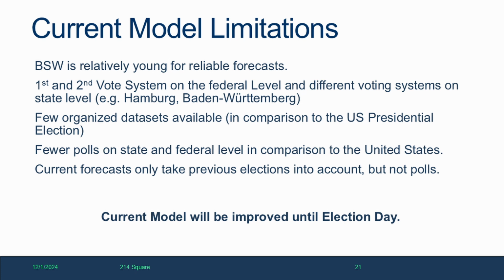Anyway, the first and second vote systems in Germany are a bit tricky in comparison to what we know from the United States, and it gets even more tricky if you see that on a state level, like in Hamburg or in Baden-Württemberg, there are elections with only one vote. Same with the European Parliament election. And this makes it a bit tricky, but we'll find a way.